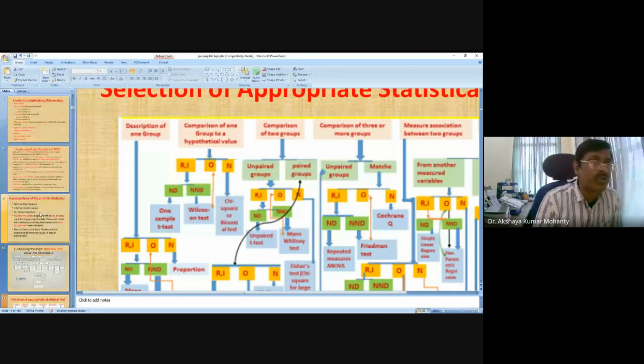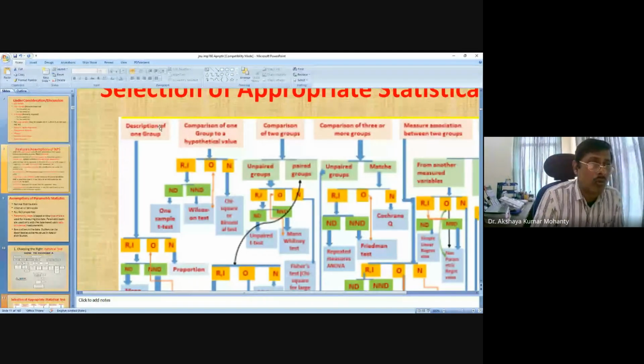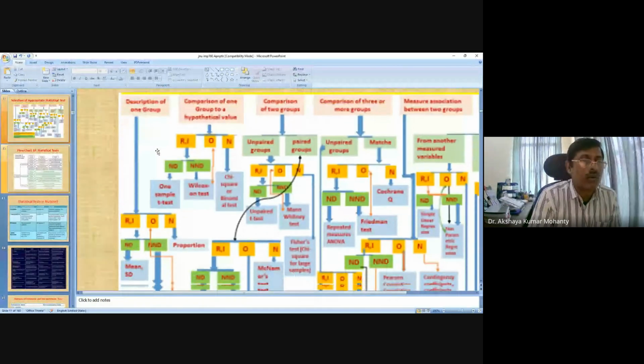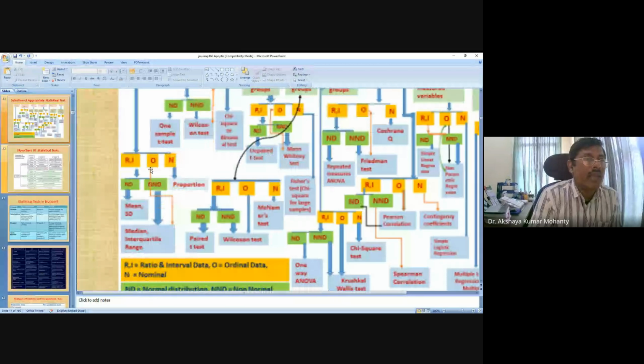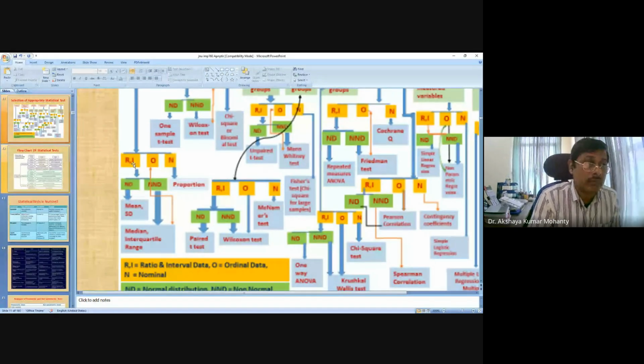Now come to the point. Description of one: let us say only one group is there. Under one group, we may have four types of scales. If that group is coming under the ratio scale and the interval scale, let us say the data has a ratio or interval scale, we have two options.